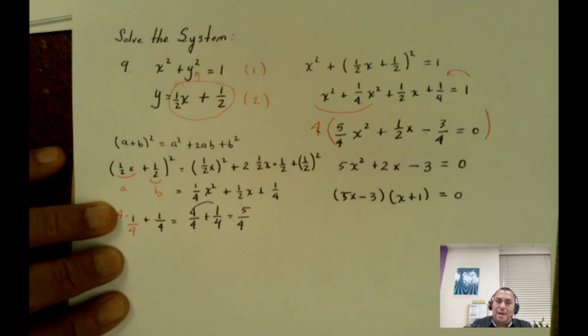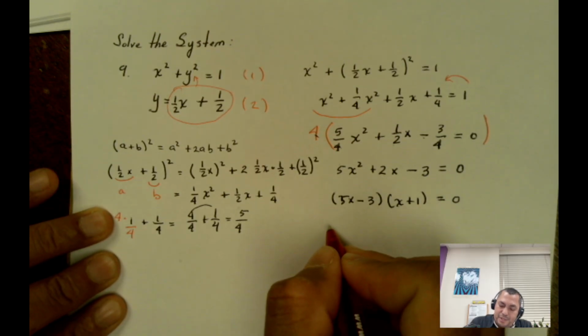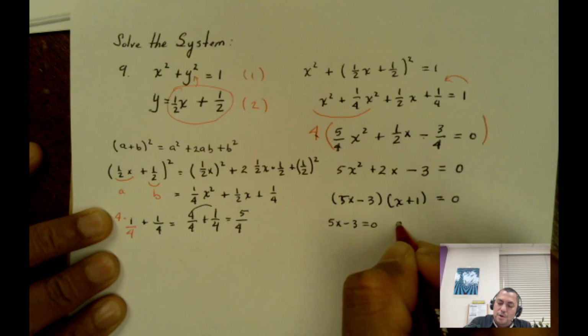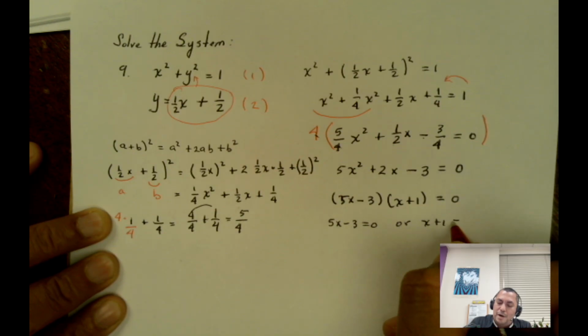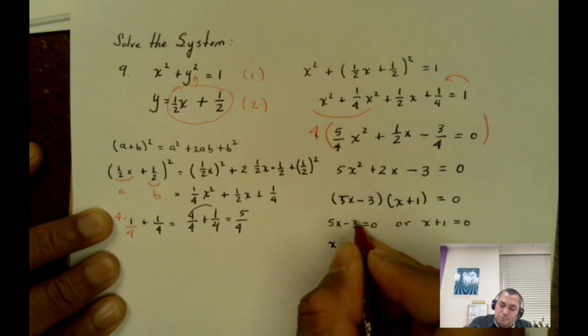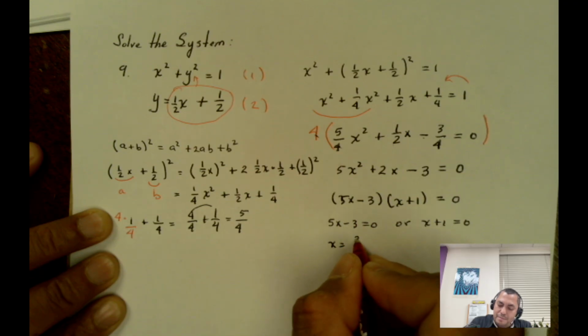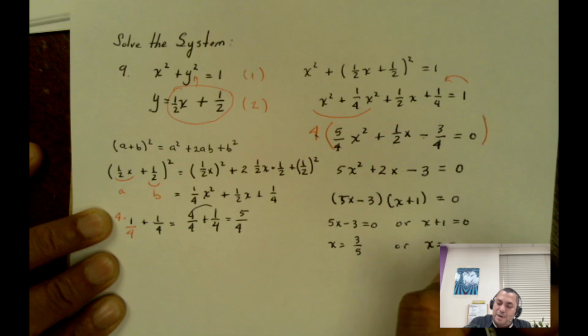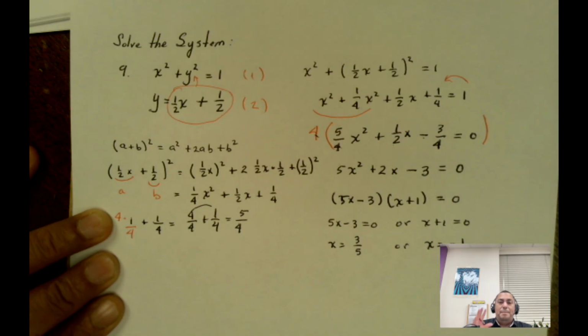Now remember, I'm going to apply the zero product property. So I have 5x minus 3 equals 0, or x plus 1 equals 0. Solve for x. x equals 3 over 5, or x equals negative 1.